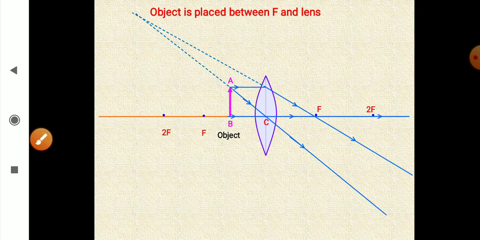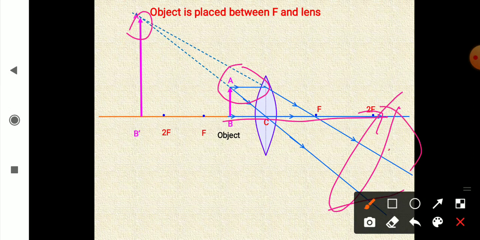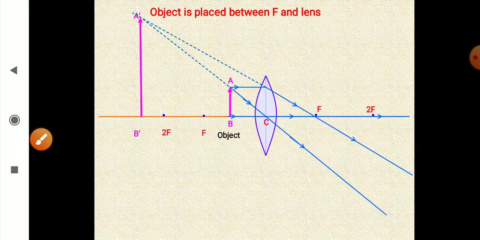So a virtual image is formed at this place. These rays are coming from the head, so the head is formed here, and this is the tail. If your eye is like this, it can imagine the tail to be at this point. So the image is formed on the same side and it cannot be taken on a screen, because it is not formed by actual meeting of rays.